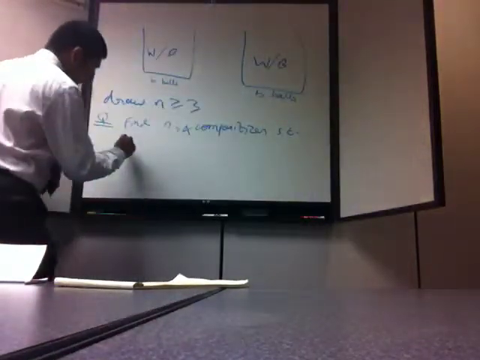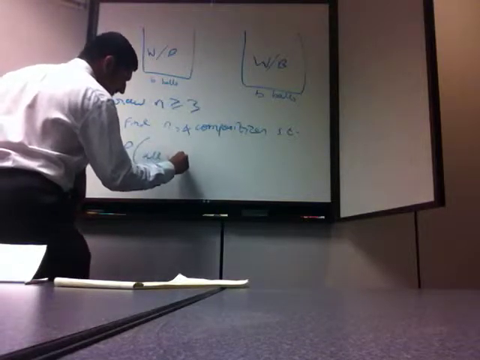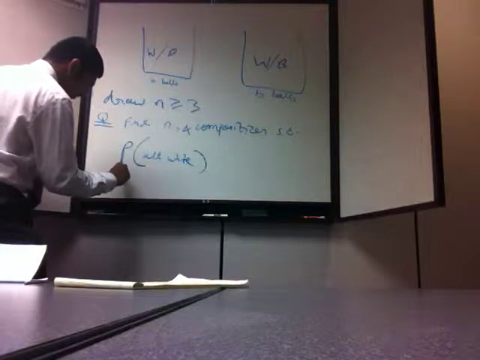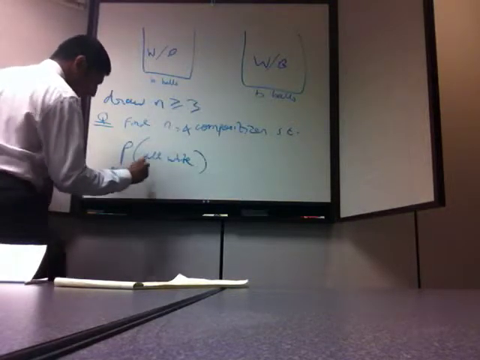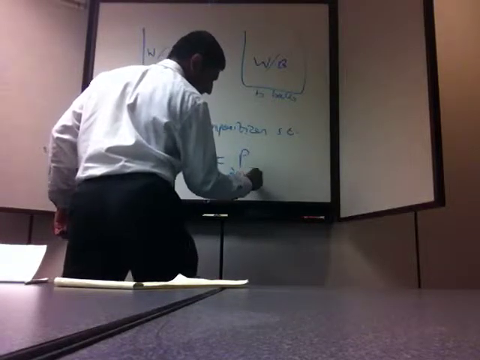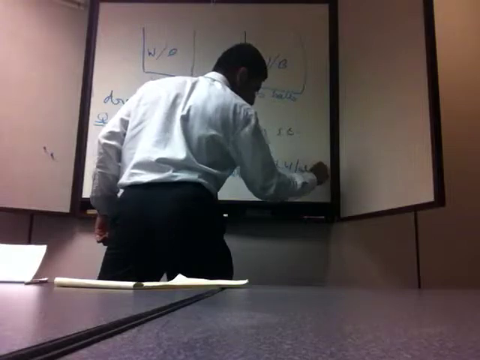So such that probability all white, and this is for the first, is equal to probability for the second urn, all white or all black.